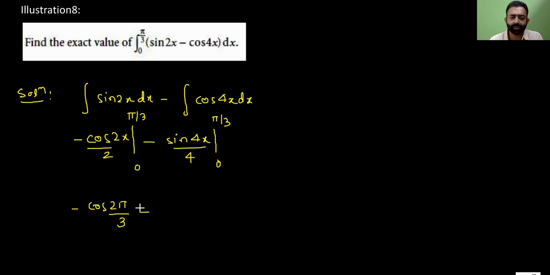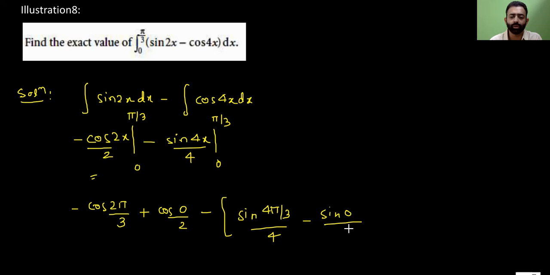So minus and minus, this will become plus cos 0 upon 2. Right, this is the value of upper limit minus lower limit for this function, and minus sine. Upper limit is sine 4 pi by 3 over 4, minus the lower limit, 0, so sine 0 over 4.